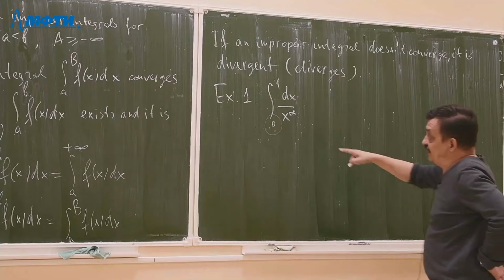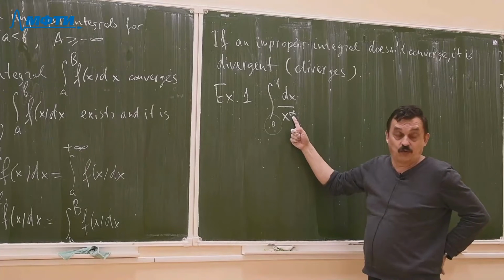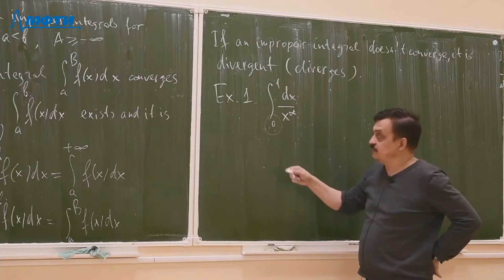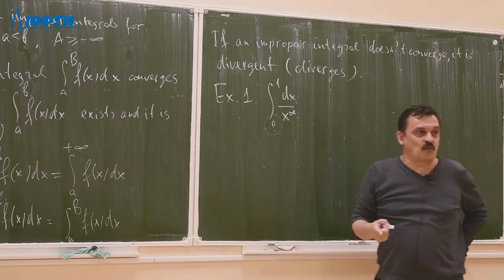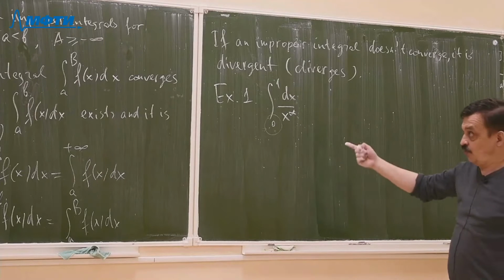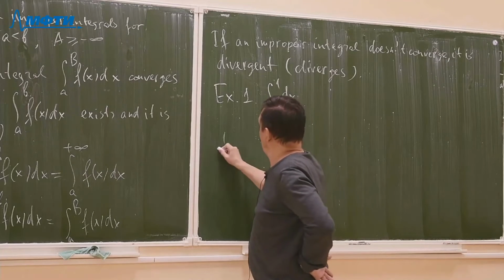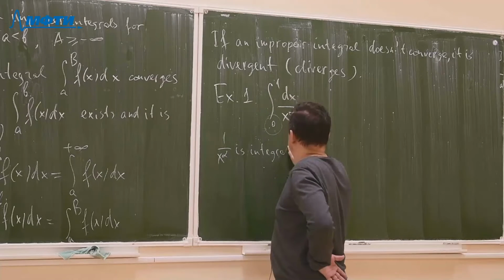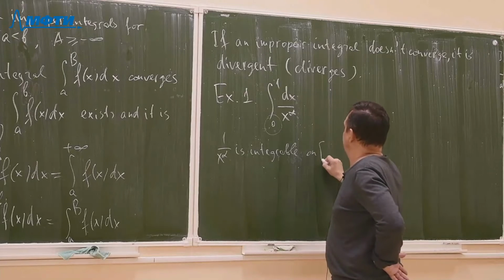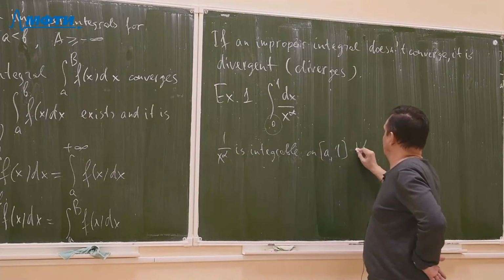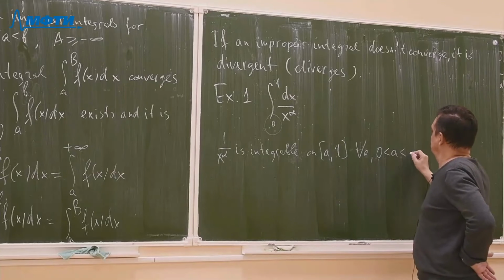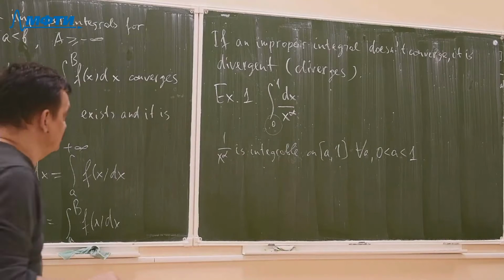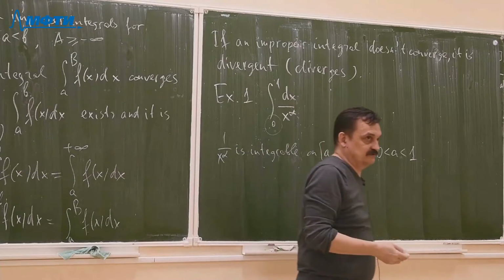So the function for alpha positive is unbounded near 0. So it means this is an improper integral, because our function 1 over x power alpha is integrable on [a, 1] for all a between 0 and 1. So it means I can write this improper integral.